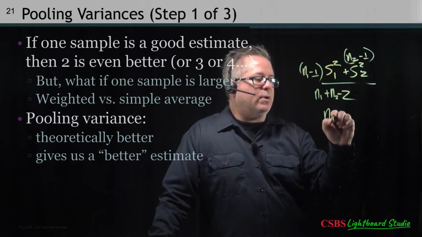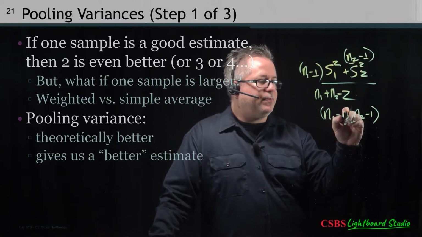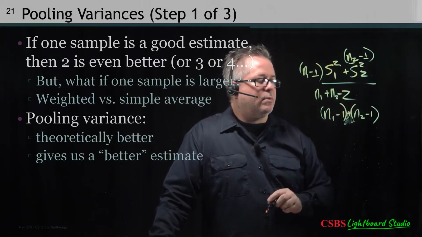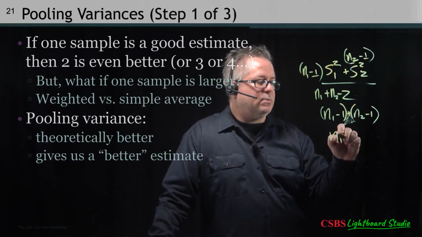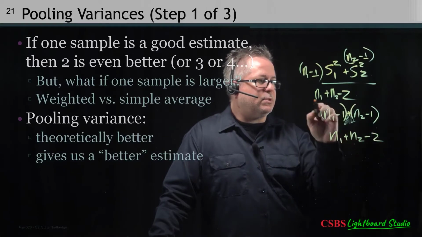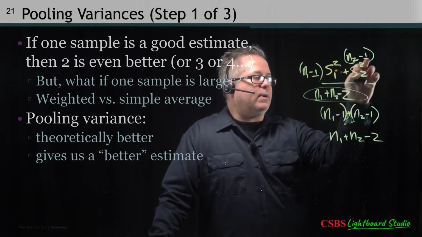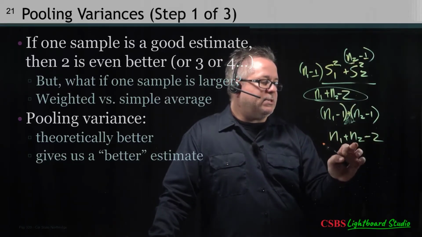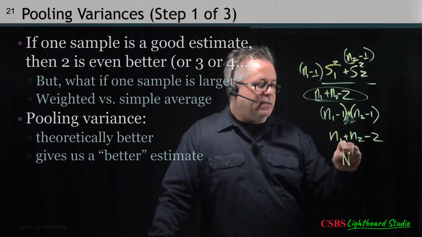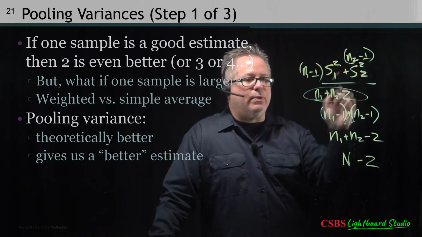If I were to add those degrees of freedom together, I get n1 plus n2, and I'm subtracting 2 out, which is what this is. All I'm doing is recombining n1 minus 1 and n2 minus 1: n1 plus n2 gives me my total n, and I'm subtracting 2 degrees of freedom because I lost 1 there and I lost 1 there.